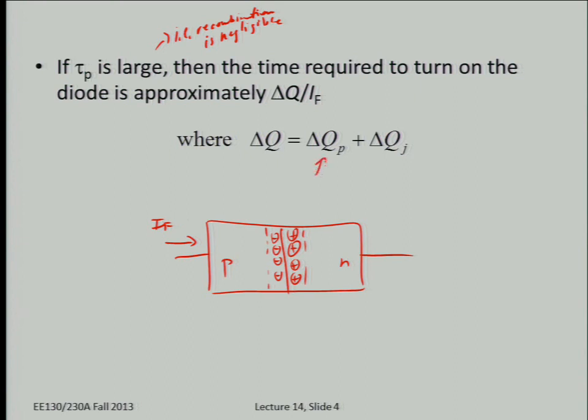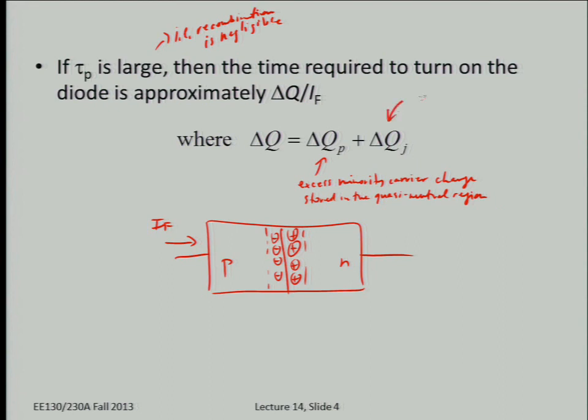This is the excess, let's just review, excess minority carrier charge. This is stored in the quasi-neutral regions. And if you had significant charge on the P side, you would add that here as well.